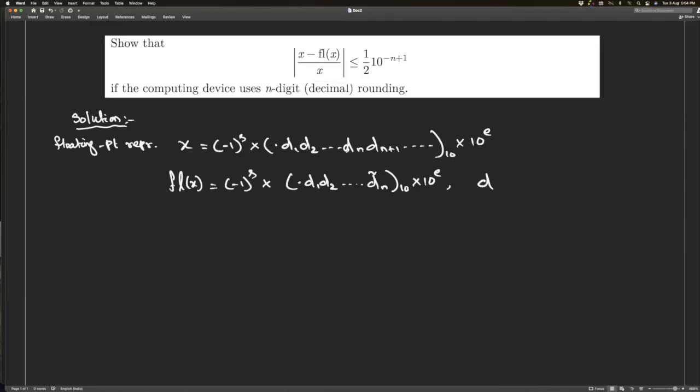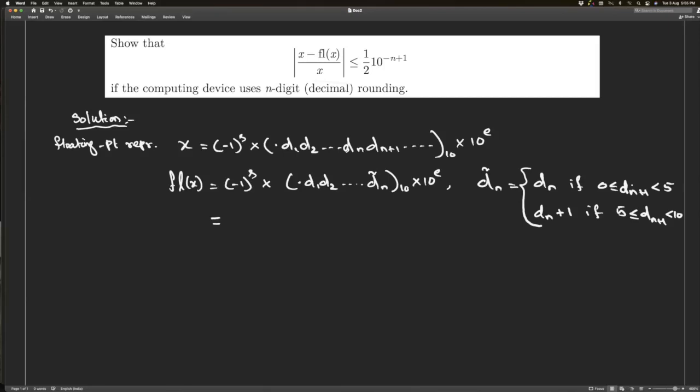What is dn tilde? Dn tilde is equal to dn if 0 is less than or equal to dn plus 1 is less than 5, and dn plus 1 if 5 is less than or equal to dn plus 1 is less than 10, right? So this is what we have as the definition of rounding, and we are given that FL of x is obtained by rounding x up to n decimal digits. So FL of x is given by this.